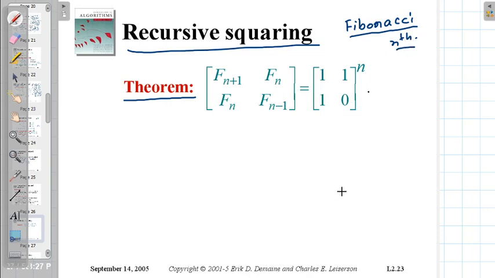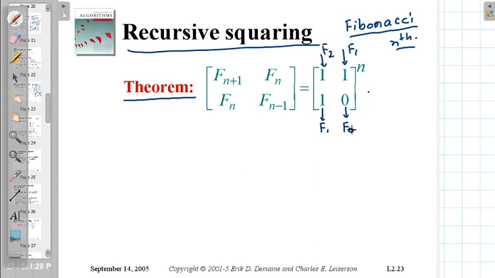So this is maybe our f1, this is our f0, right? And you see this guy is telling this is f1 and this is f2.